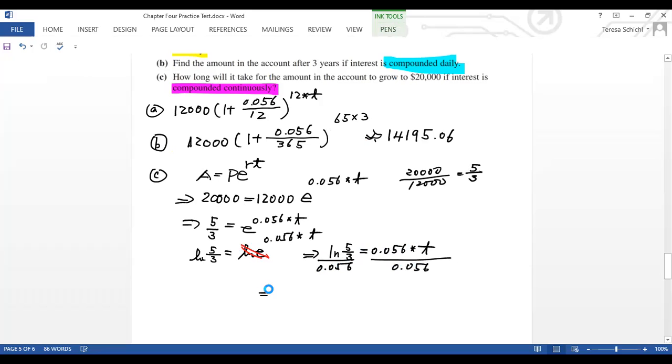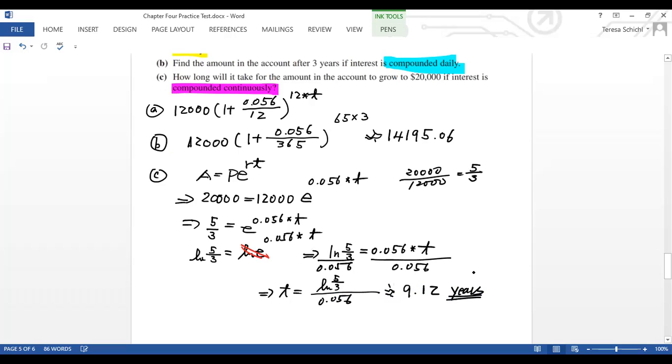So what is the T here? T is natural log of 5/3 over 0.056, and it's about 9.12 years. So it takes about 9 years to grow to the 20,000 here.